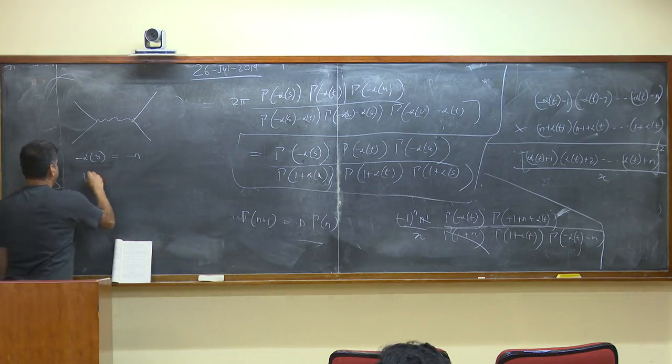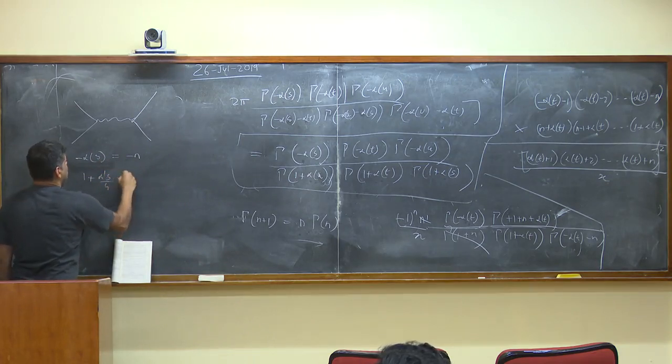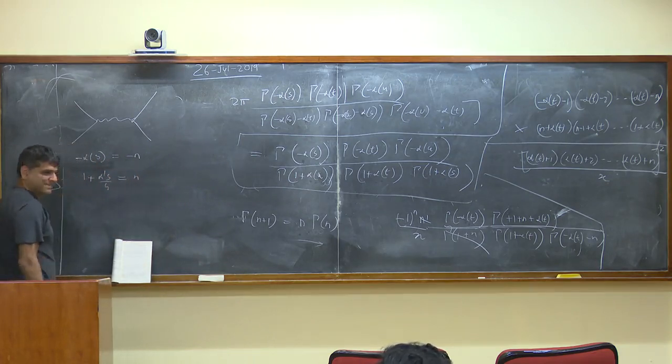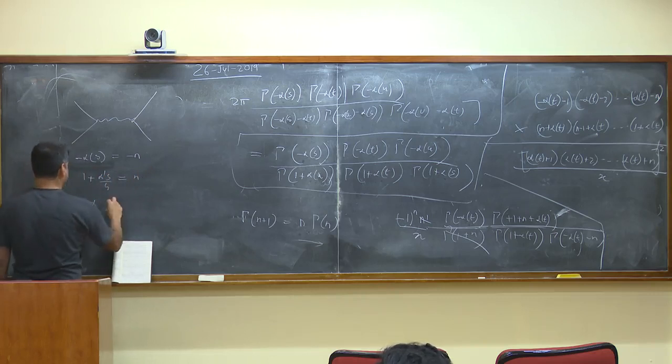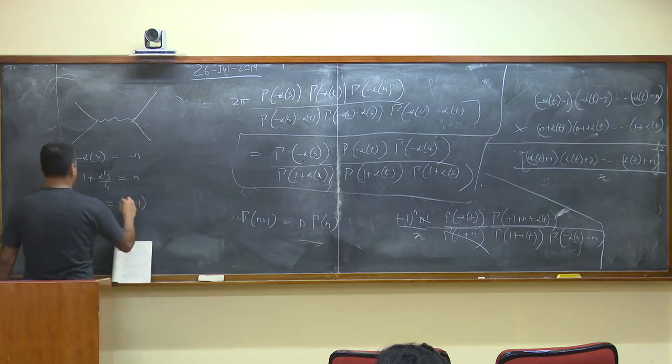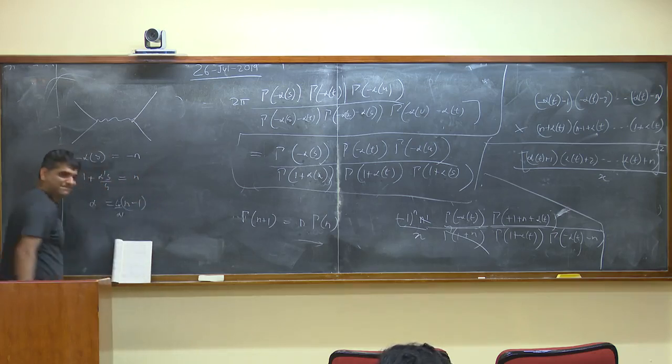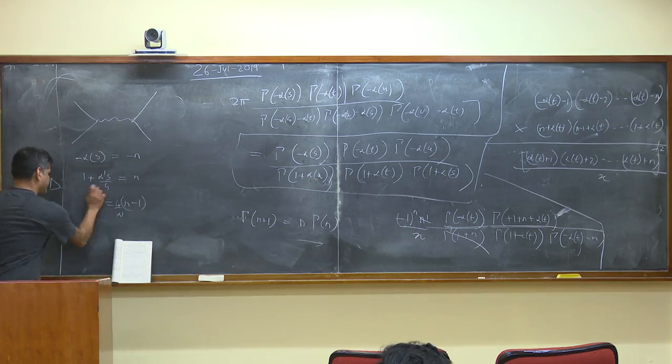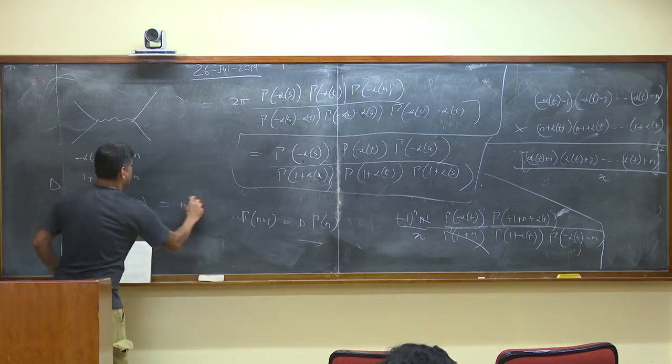So that's 1 plus alpha prime s by 4 is equal to n. So that is s is equal to n minus 1, times 4 by alpha prime. This should be identified with the m squared of the field.